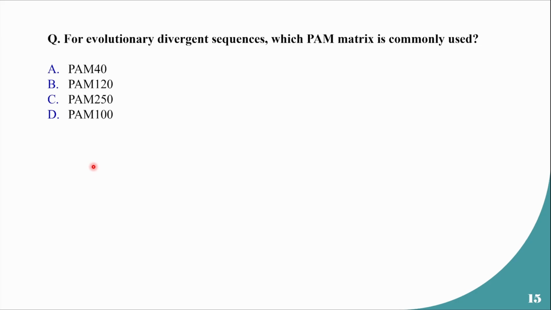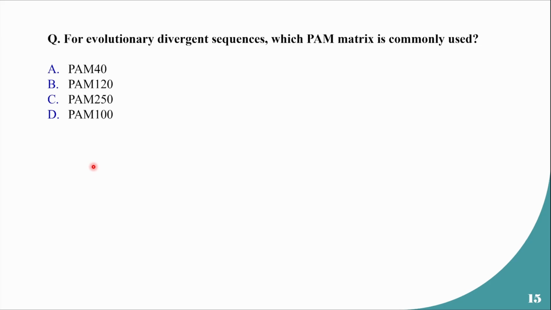Okay, so for evolutionary divergent sequences, which PAM matrix is used?